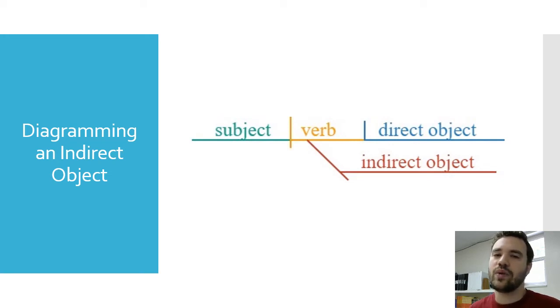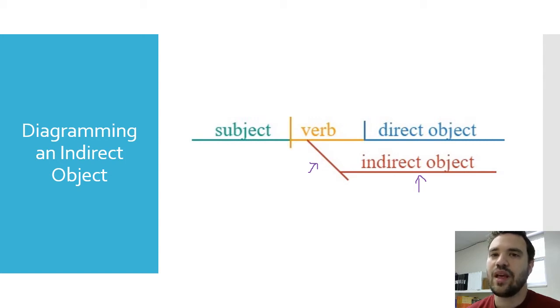And then we're going to diagram the indirect object underneath the verb. So we're going to have this slanted line here coming out from underneath the verb. And then the indirect object is going to be diagrammed on a horizontal line coming off of that slanted line. And we do this because it's showing that the verb is done to or for this person.